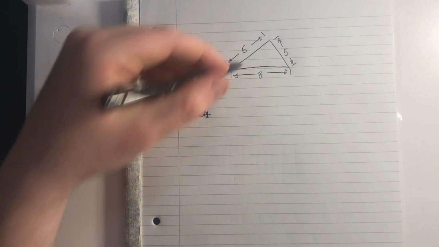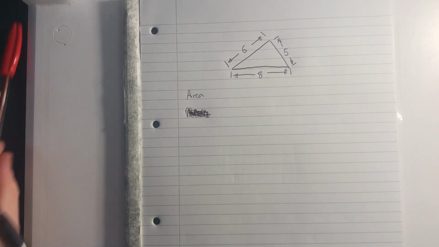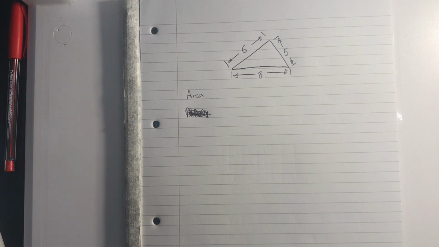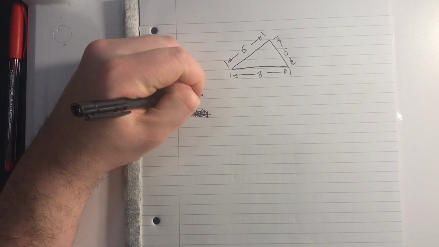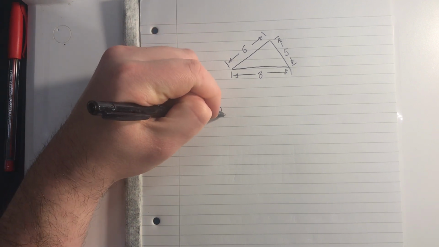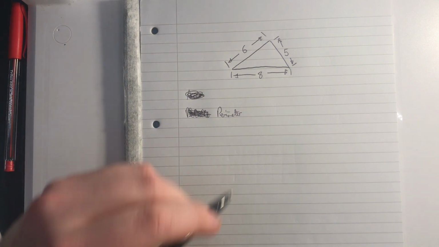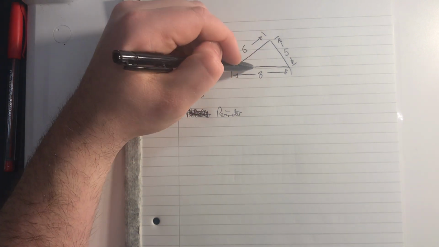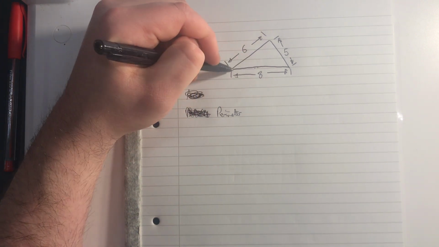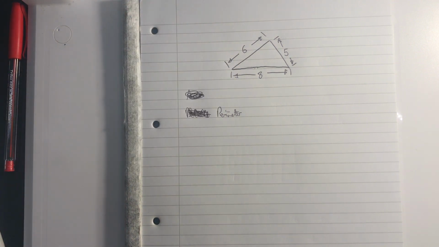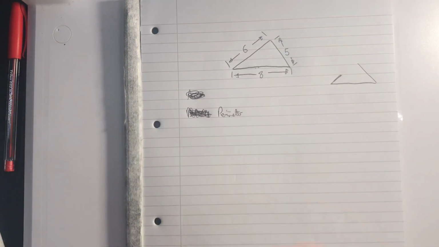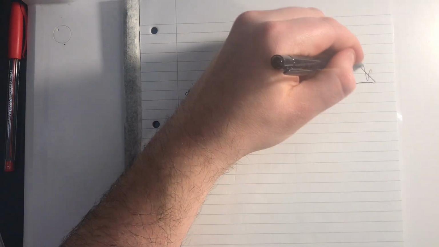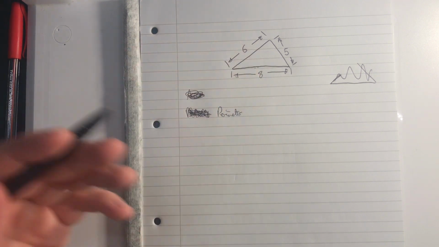When I was picking a number for this side here, I had to make it bigger than 3. What would it look like if it was less than 3? Well, even if this was completely flat, this line going from here wouldn't meet that. So we would effectively have something that looked like this. It wouldn't actually complete the triangle if it was less than 3. So these two here need to add up to a number greater than 8.